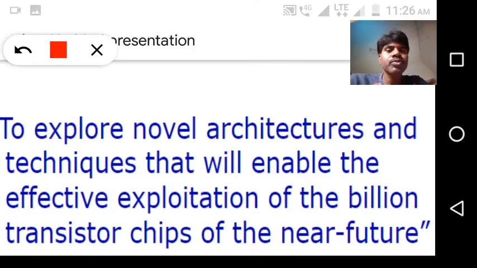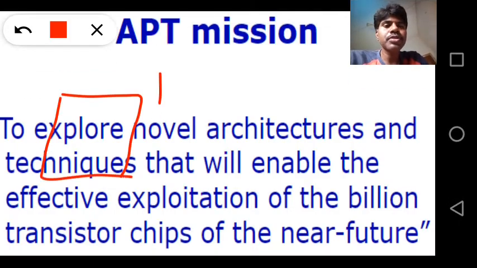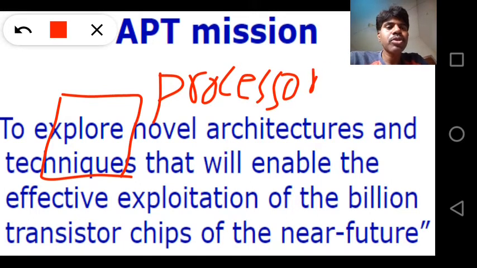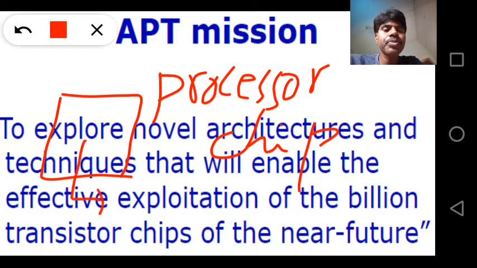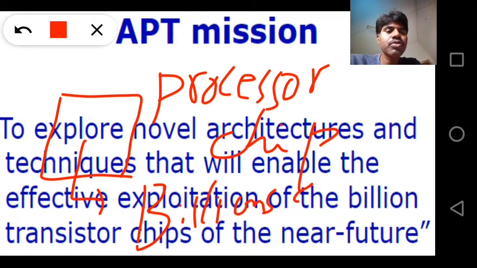Remember, if this is my processor chip, a single processor chip should hold billions of transistors.